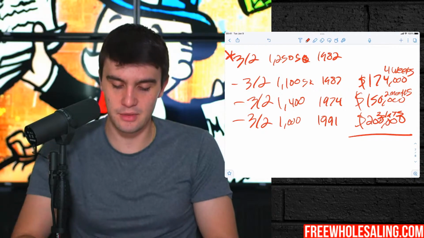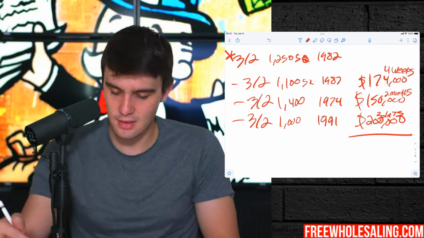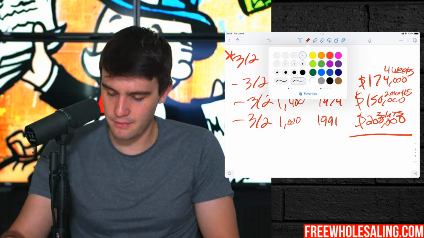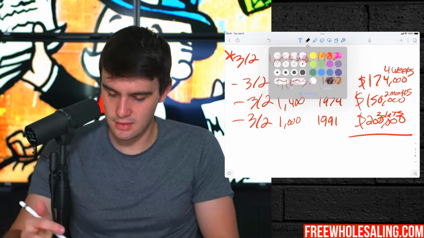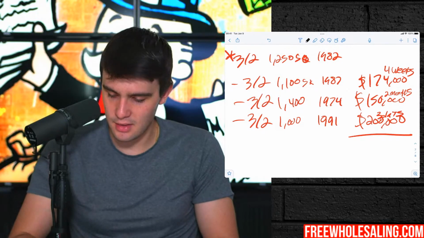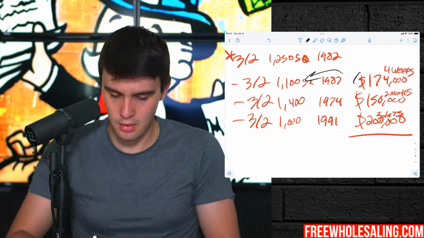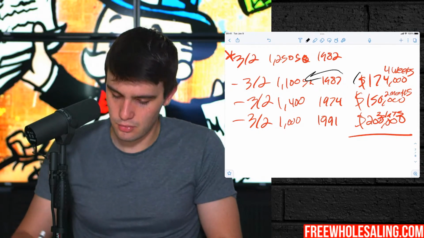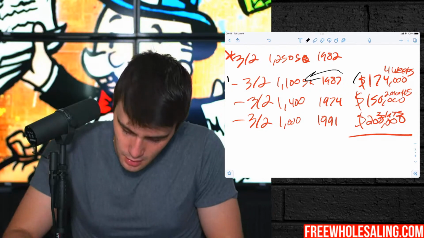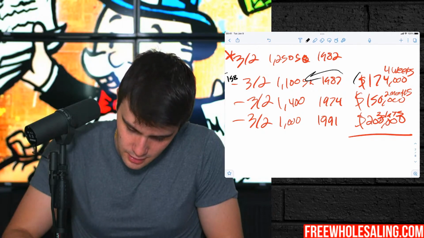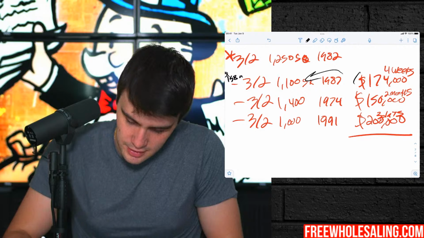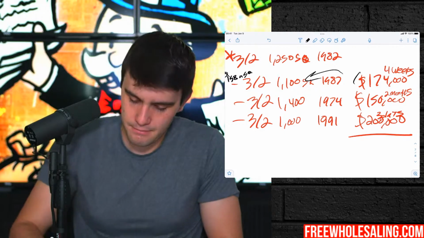I'm blazing through this, but what we're going to do here is multiply this. So 174,000 divided by this number is roughly $158 a square foot. Okay, boom.